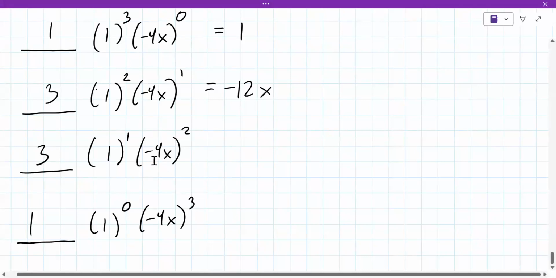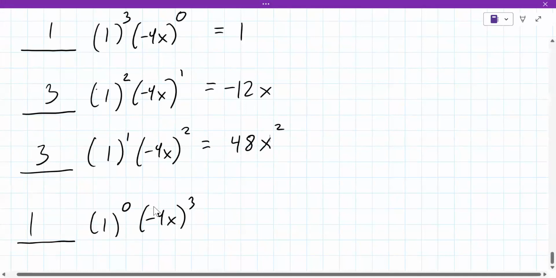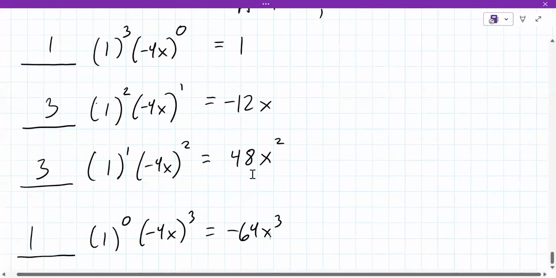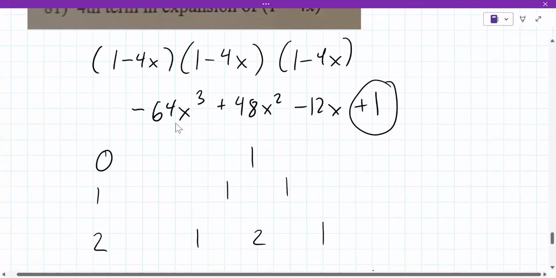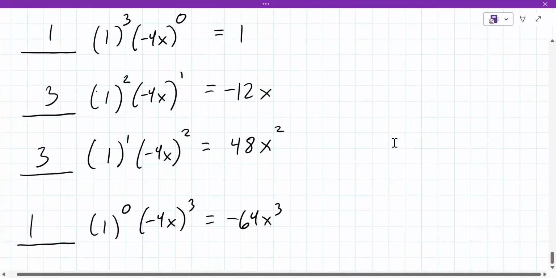This is 16x squared times 3. That's 48x squared. And then this last one here is minus 64x cubed times 1. So notice these are exactly the same terms as I wrote down up here. So it can be done.